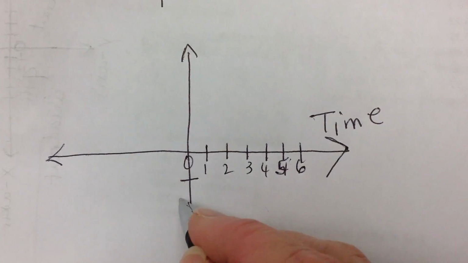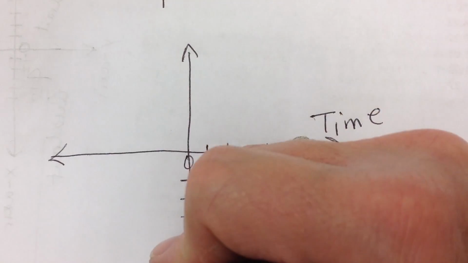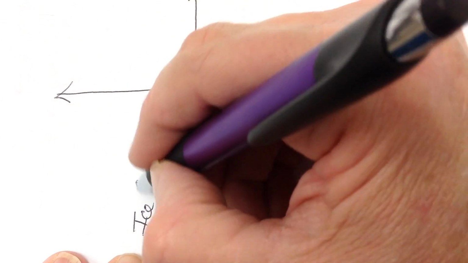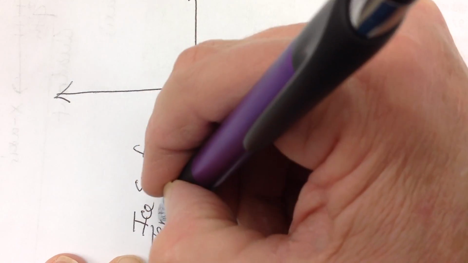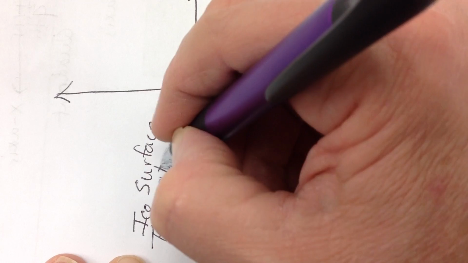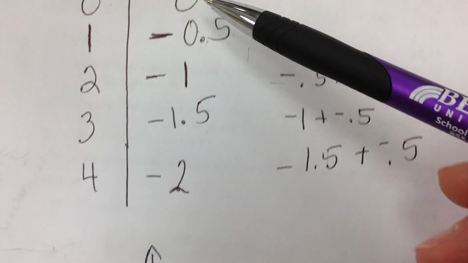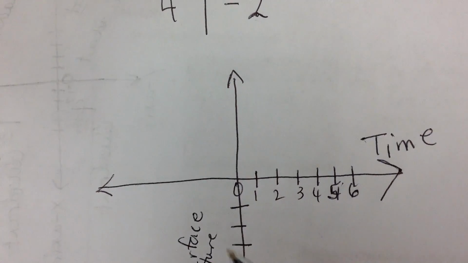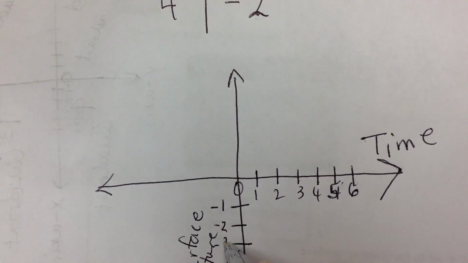Then we'll have our negatives coming down to represent the temperature. This is the ice surface temperature. We're decreasing 0.5 each hour. So I'm just going to use negative 1, negative 2, negative 3, negative 4, and so forth on.